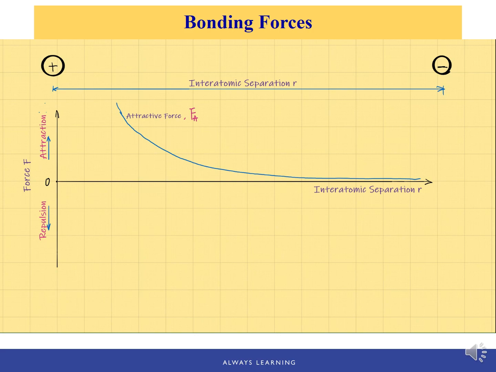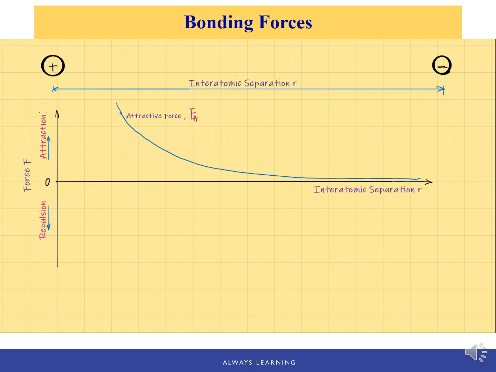But as the two atoms get closer, ultimately, the outer electron shells of the two atoms begin to overlap. And a strong repulsive force comes to act. This is oftentimes explained in terms of Pauli's exclusion principle.